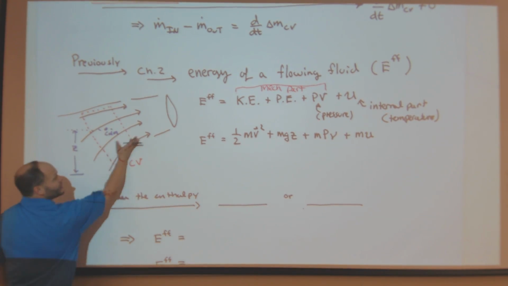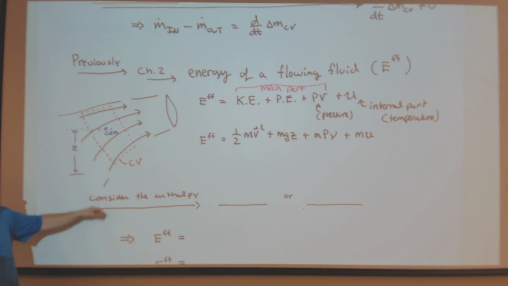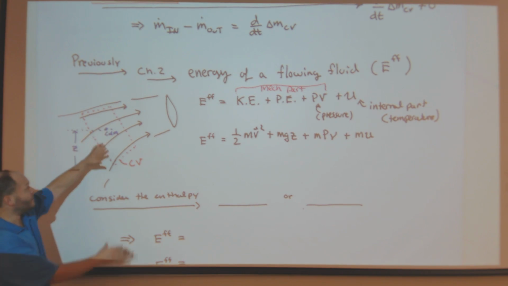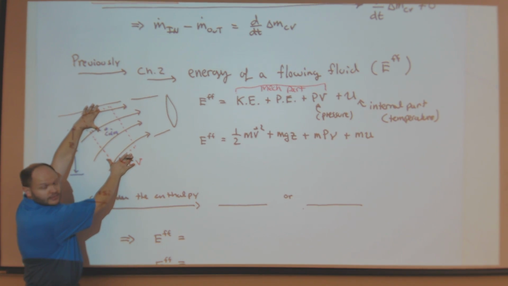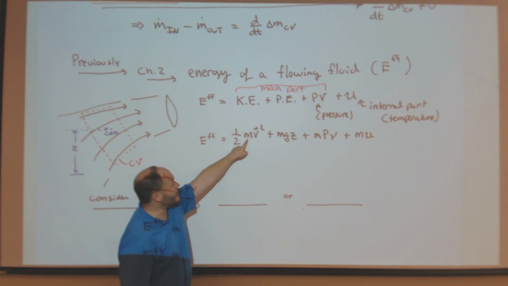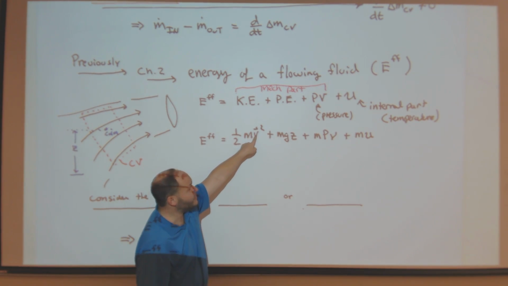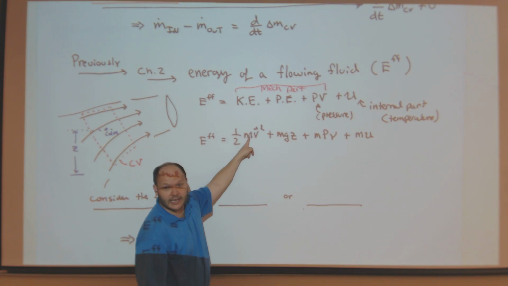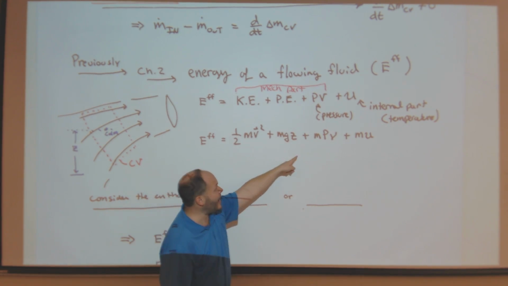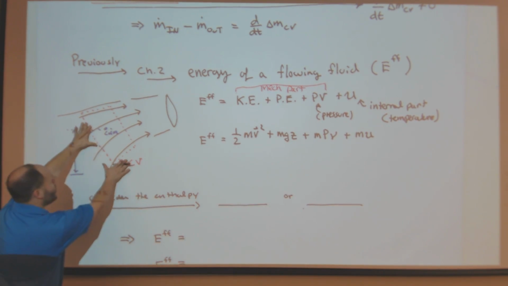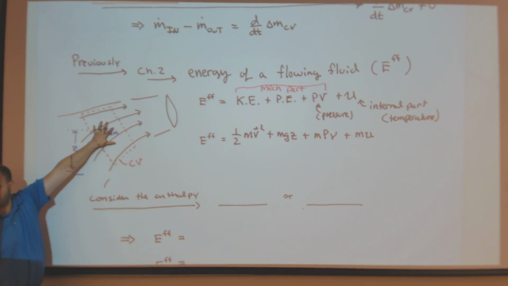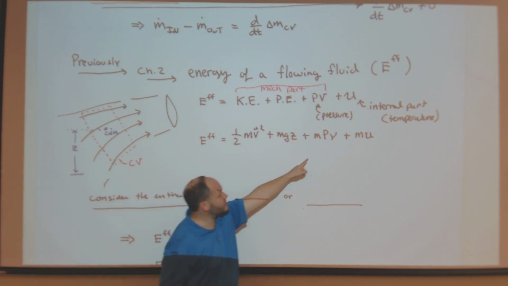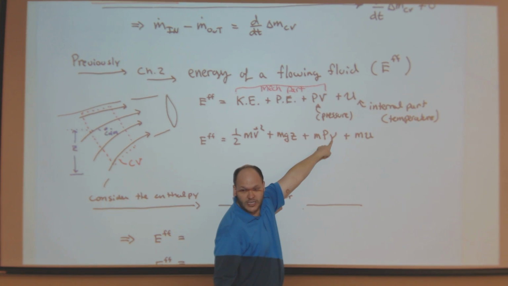Well, then this thing can be traveling at a velocity, my control volume. My control volume has a mass, traveling at a velocity, and that gives me the kinetic energy part. And within this control volume, I have a pressure, and this is 1 over density.